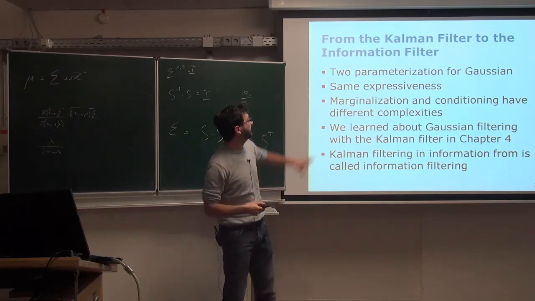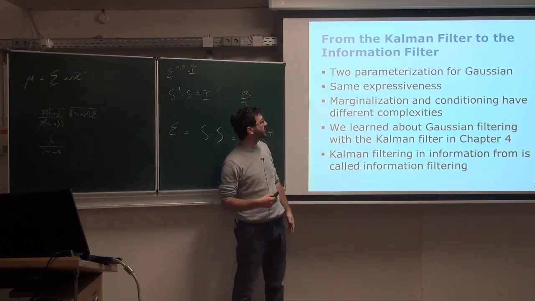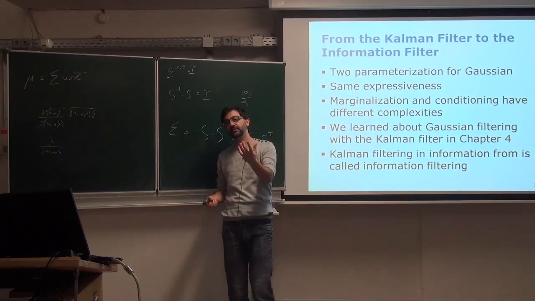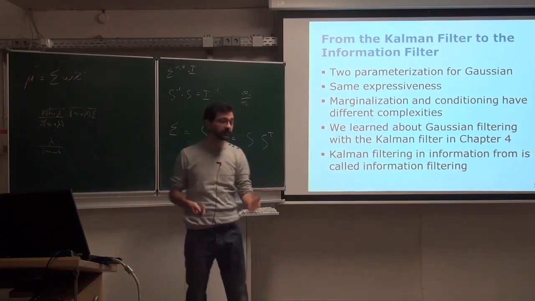This is just to give you an idea that you can use a different way of parameterizing it. And the idea basically is to exploit the fact that you have different complexities. So according to the task at hand, you might choose one over the other.